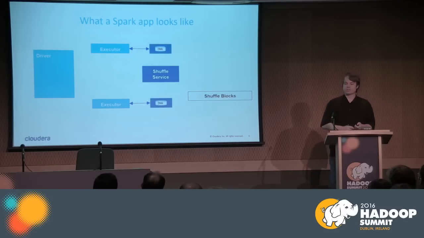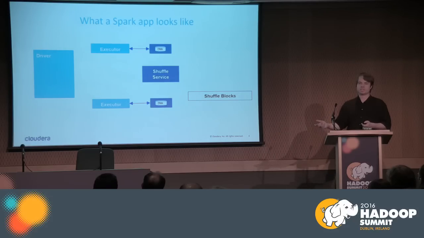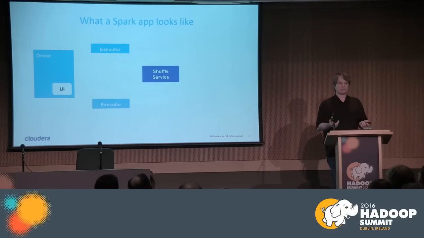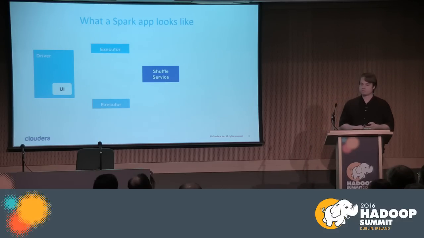The executors also write to the local disk. Basically, they write the shuffle files to the local disk and then tell the shuffle service where those files are. And finally, you have the Spark UI, which runs inside the driver. And some people also requested that be encrypted, even though it doesn't really provide any sensitive information at the moment.